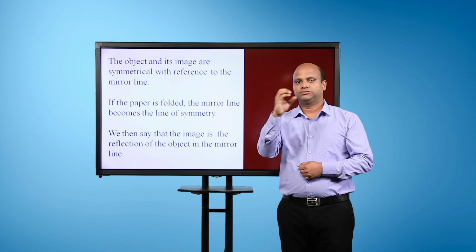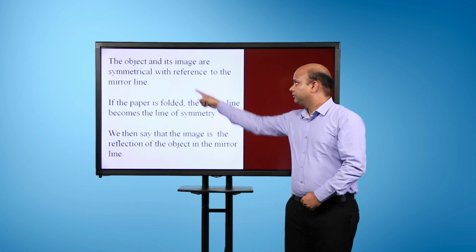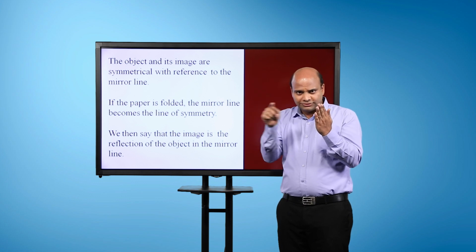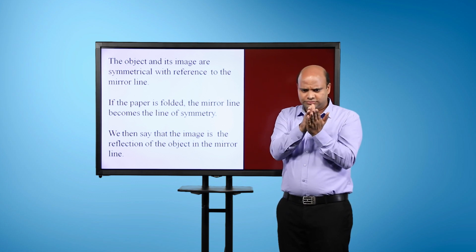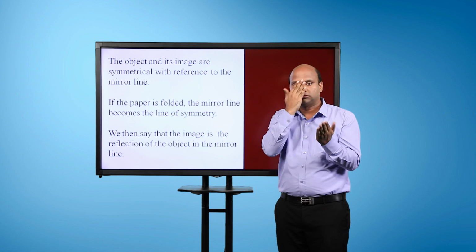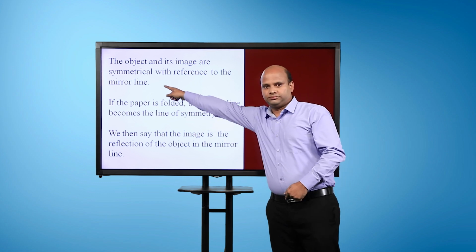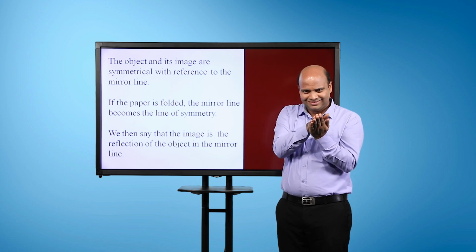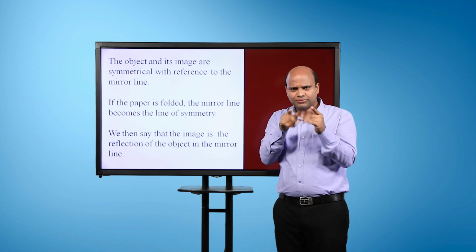Page 270. The object and its image are symmetrical with reference to the mirror line. If the paper is folded, the mirror line becomes the line of symmetry.